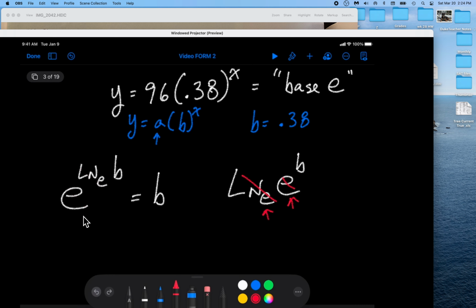So we're going to use that trick here. So if b equals 0.38, all we're going to do is plug in 0.38 instead of b. So we're going to say e to the natural log base e of 0.38.